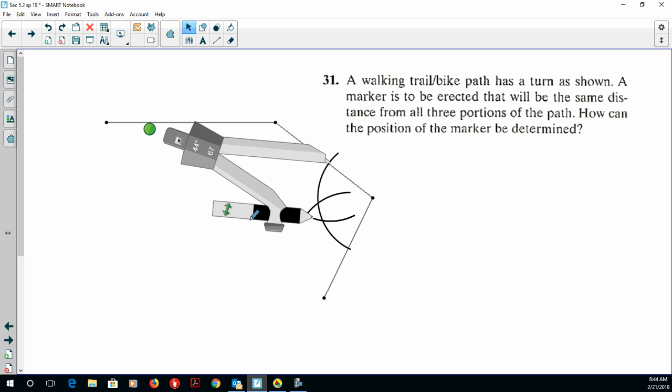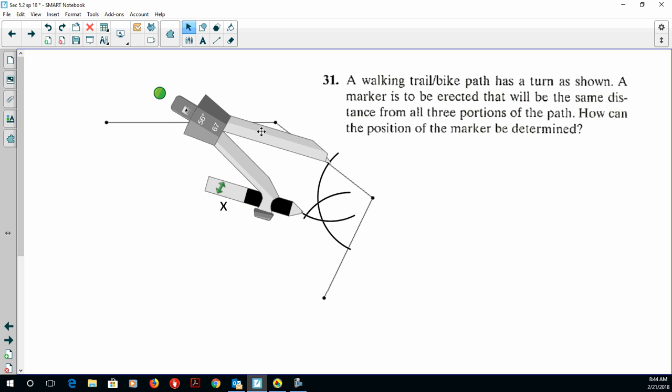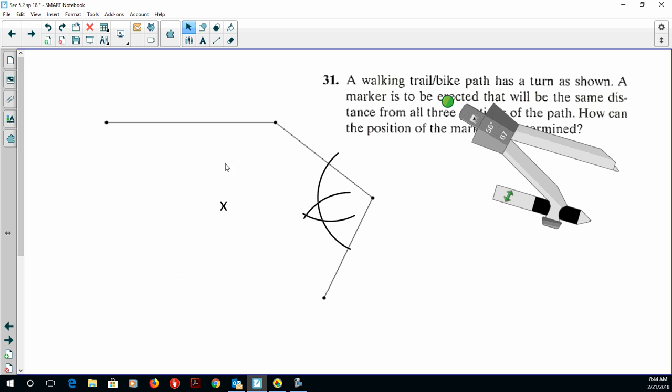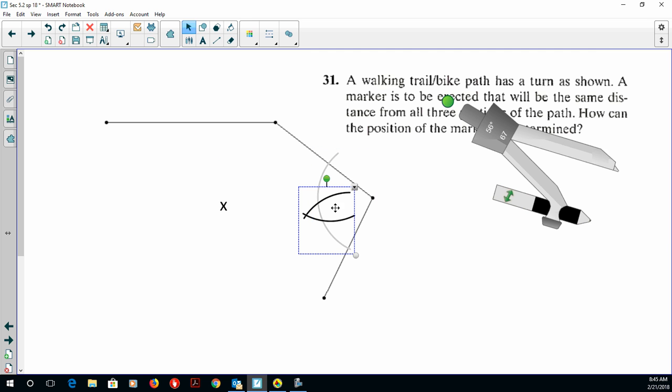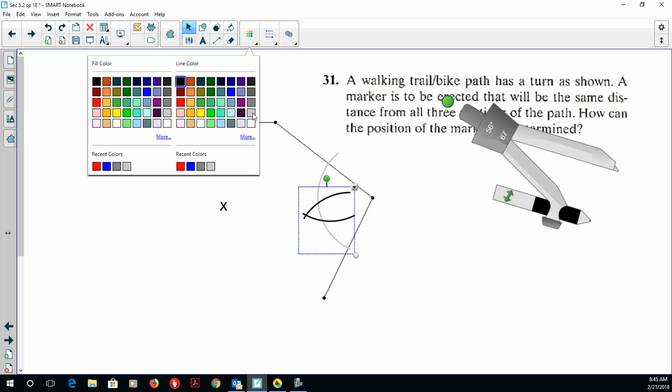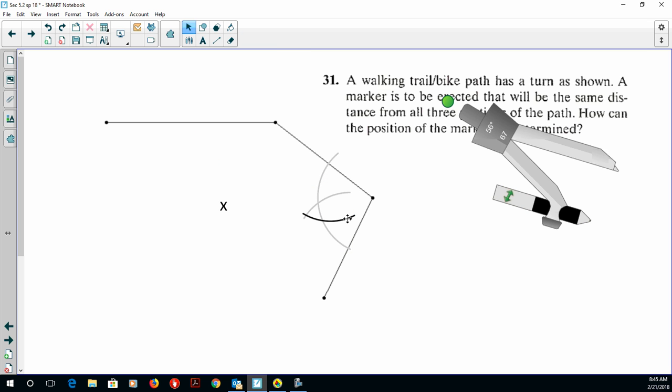Now, what I'm going to do is lighten these guys up a bunch, because otherwise the picture gets kind of hard to see. So the bisector goes through the vertex and that point.